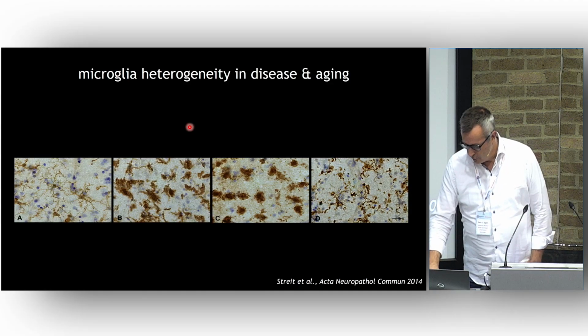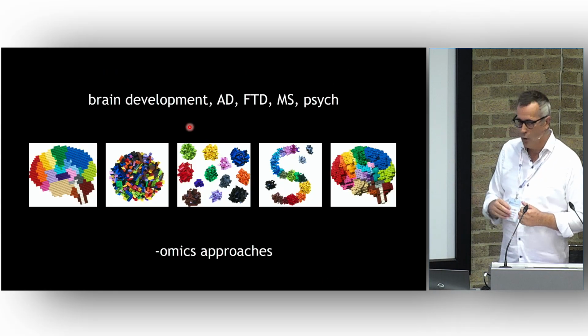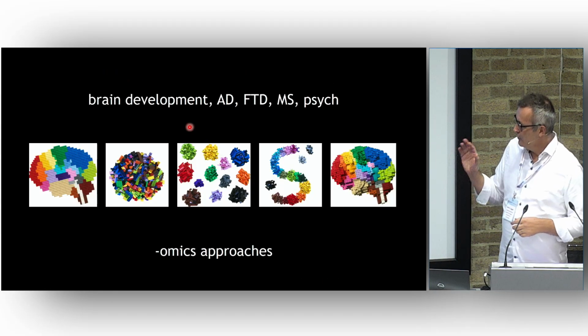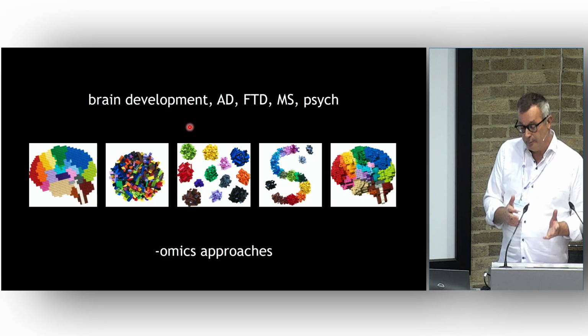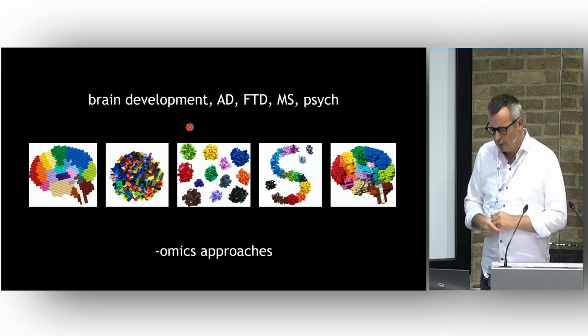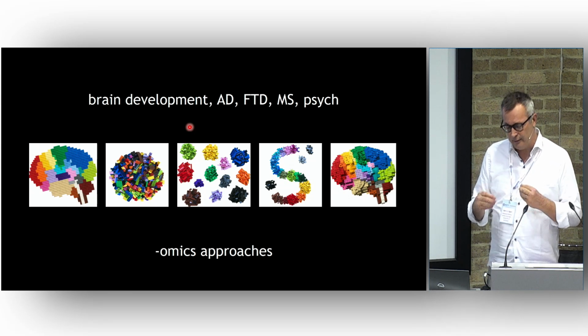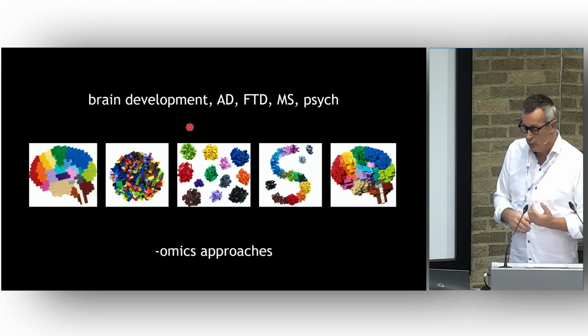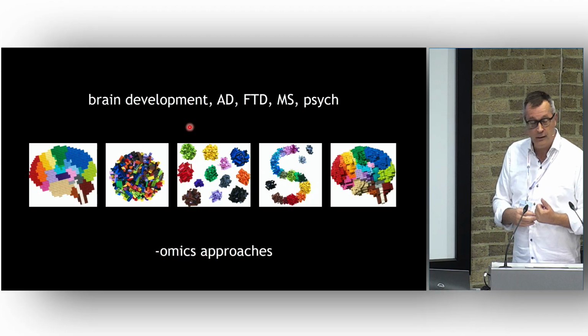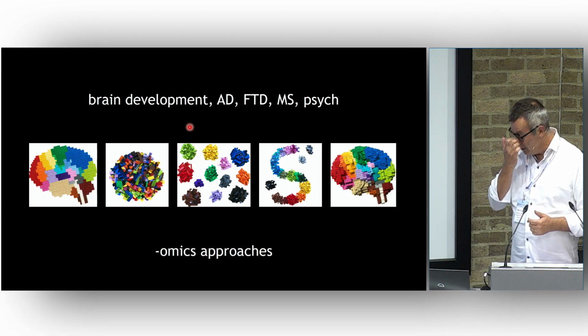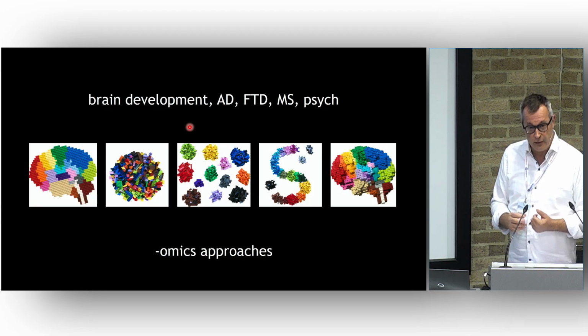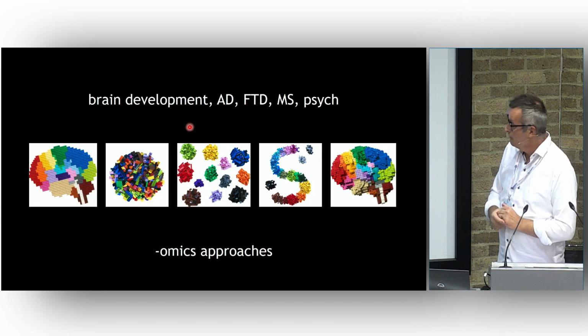The approach that I use in the lab is a lot of omics approaches. I use single cell sequencing. I started off with bulk, and then I do single cell, and I do a lot of spatial omics, trying to identify microglial transcriptional states, and I also do protein work to identify whether and how microglia change in the context of pathology.